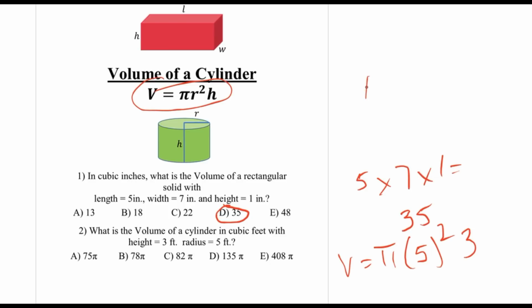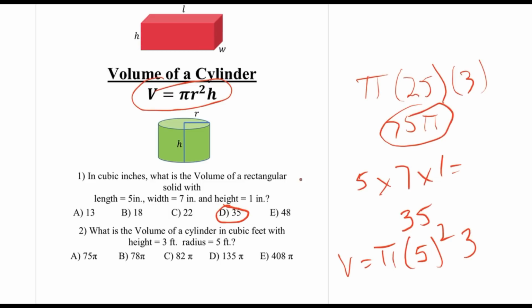Let's write that up here. Pi times 25 times 3. That equals pi 75, or 75 pi. That's the volume of the cylinder. And number 2, answer choice is A.